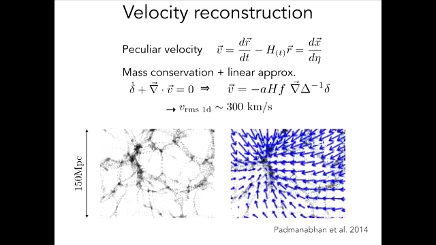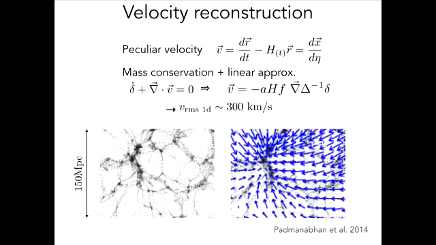In linear theory, you can actually invert this equation. And this gives you an estimate of the peculiar velocity as a function of the density field. The intuitive content of this equation is very simple, and it basically just says that if you have more matter here, it's because stuff has been moving towards it.